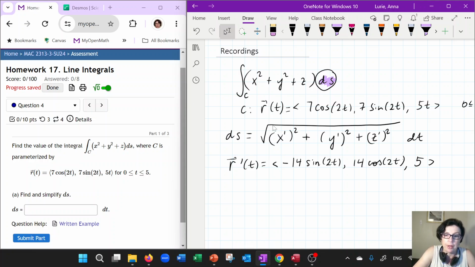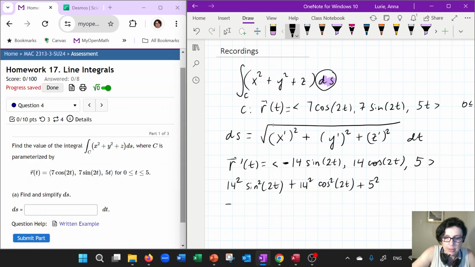So we found the derivative. Now we're going to square each component. So 14 will be squared. The negative right here doesn't matter because when you square a negative, that becomes a positive. So that will be 14 squared sine squared, and then we add 14 squared cosine squared, and then we also add 5 squared.